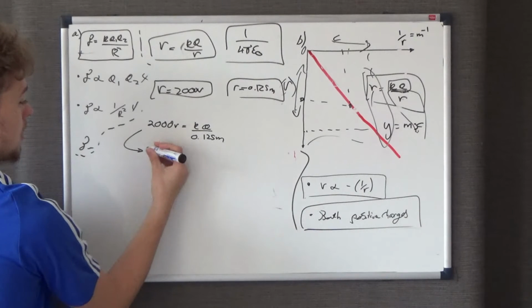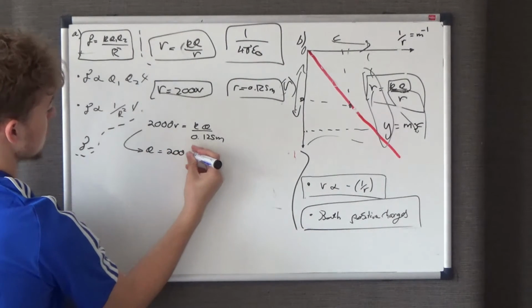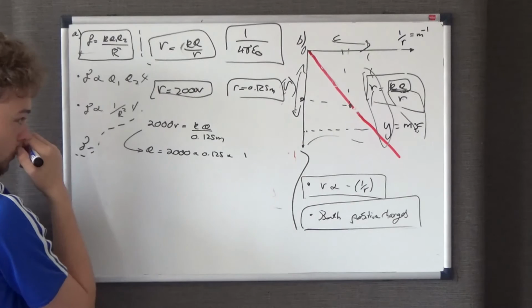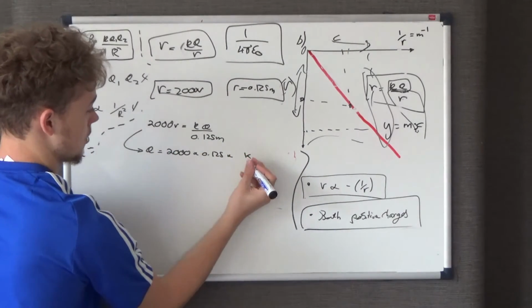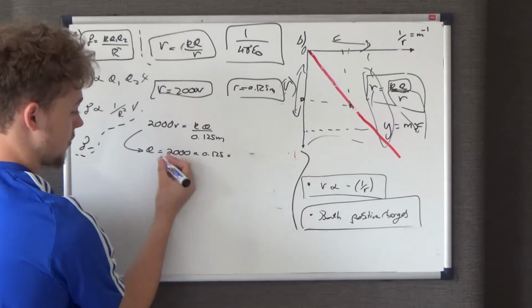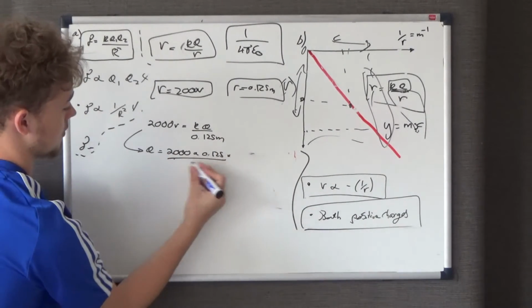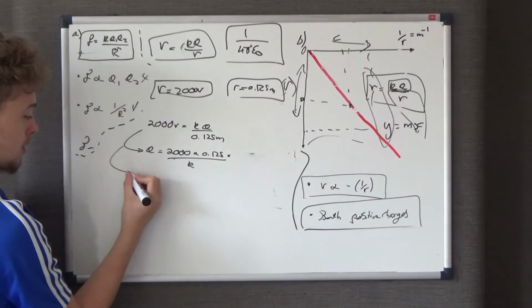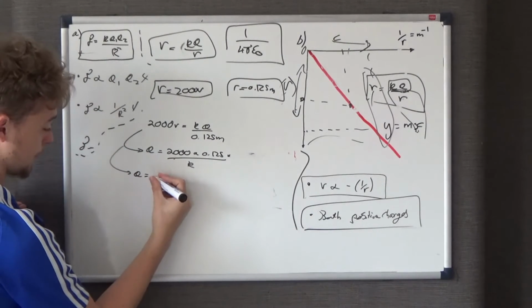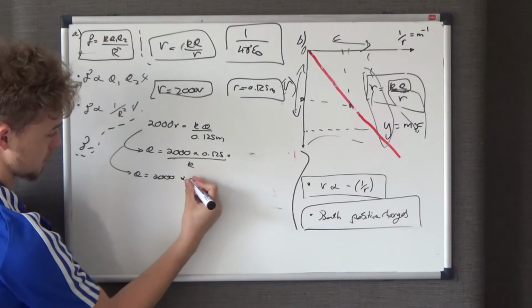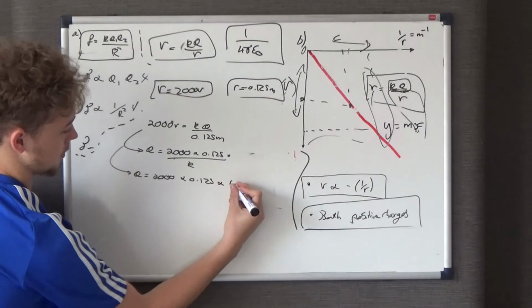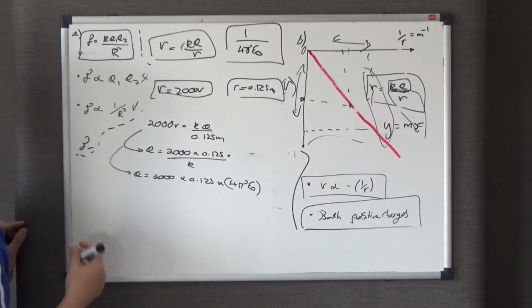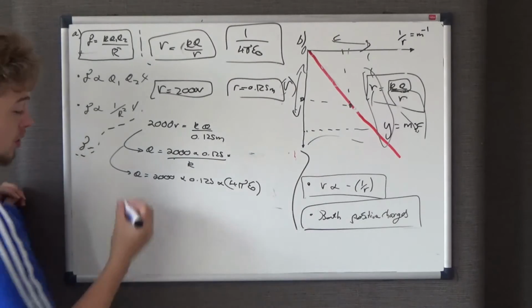Therefore, Q is equal to 2,000 times 0.125, divide by K, all over K, because obviously we rearrange. So this just comes to 2,000 times 0.125 times 4 pi epsilon naught, because K is 1 over 4 pi epsilon naught, so 1 over that just gives the normal.